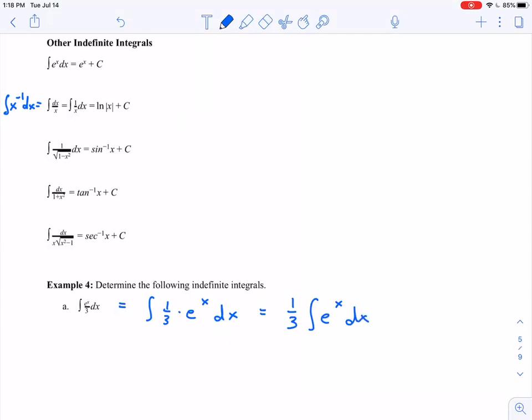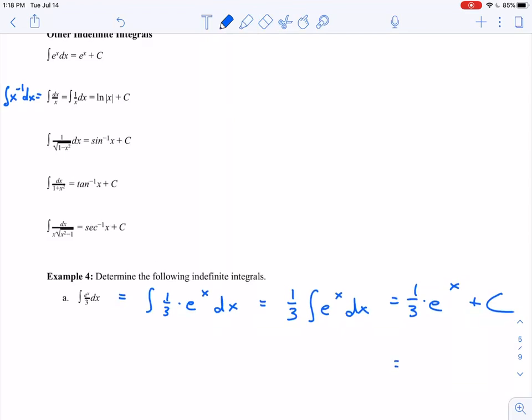And now I've simplified this down to exactly what my antiderivative formula for e to the x says. It says if you want to find the antiderivative of that, it's just going to be e to the x plus c. We just need to make sure that we include this 1/3 with our answer. So 1/3 times e to the x plus c. We also could have written this as e to the x over 3 plus c.